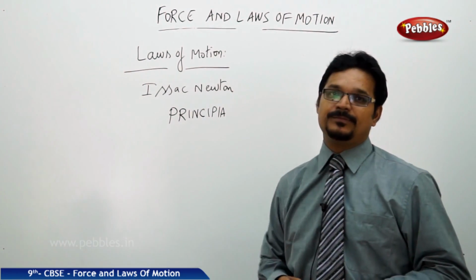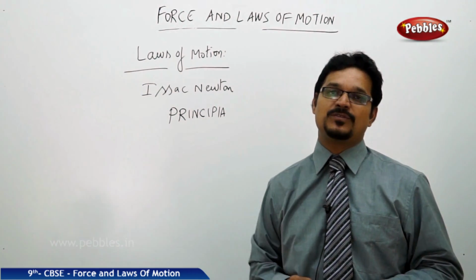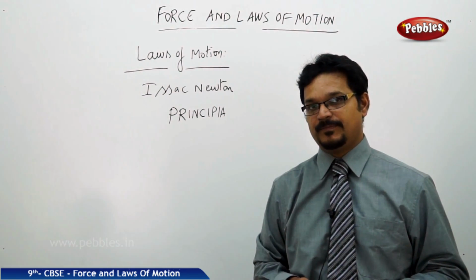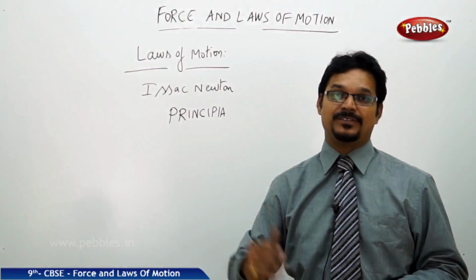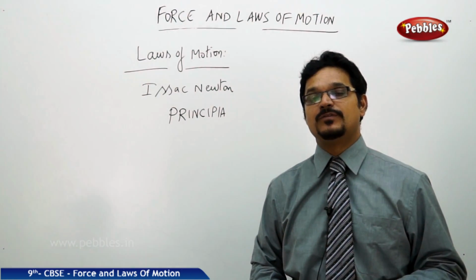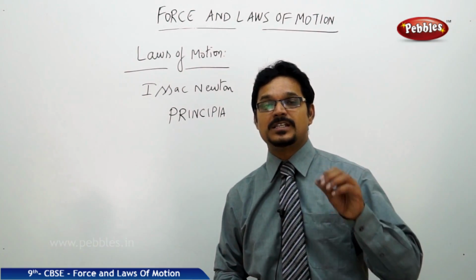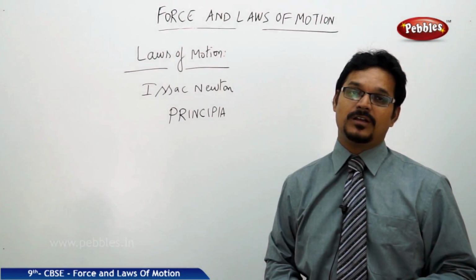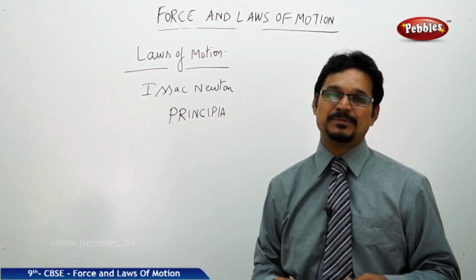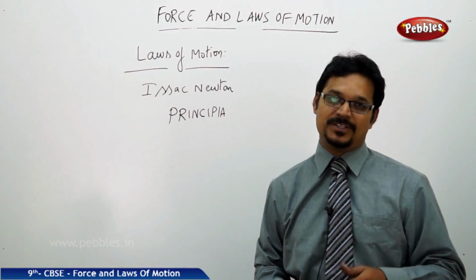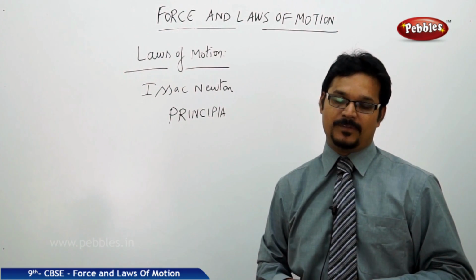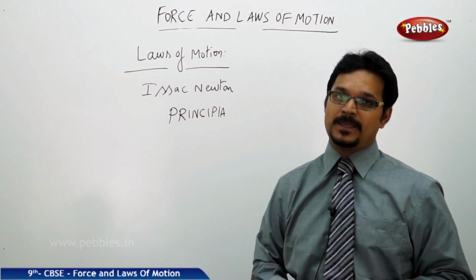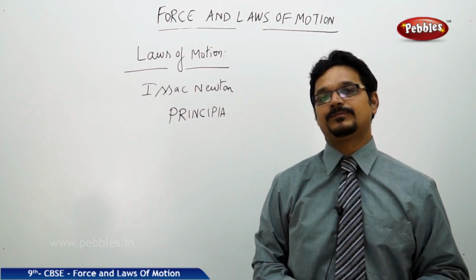So Isaac Newton is famous for two things. The primary one is the law of gravitation. It's very, very famous. This law of gravitation is applicable to massive bodies. There he explained the attraction force between two bodies. That we will discuss later. The second one, which is our main context here, is the laws of motion.